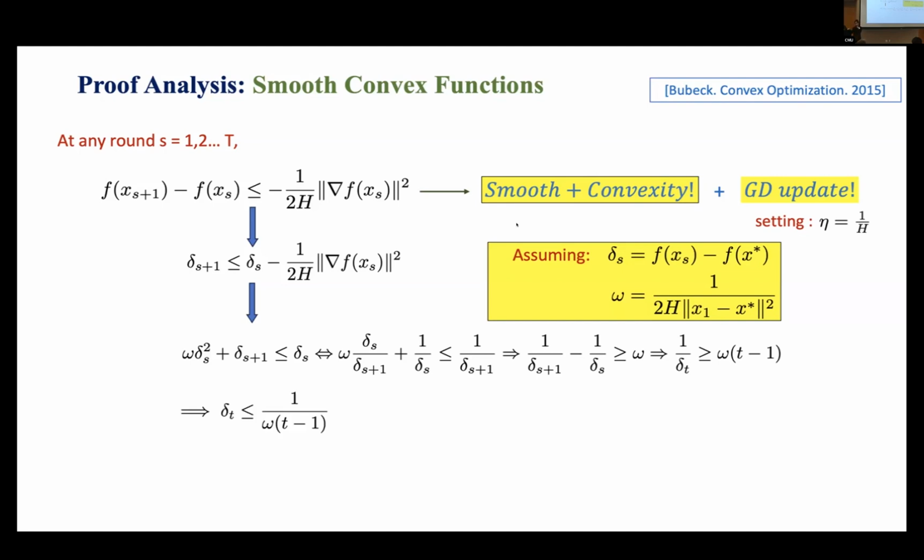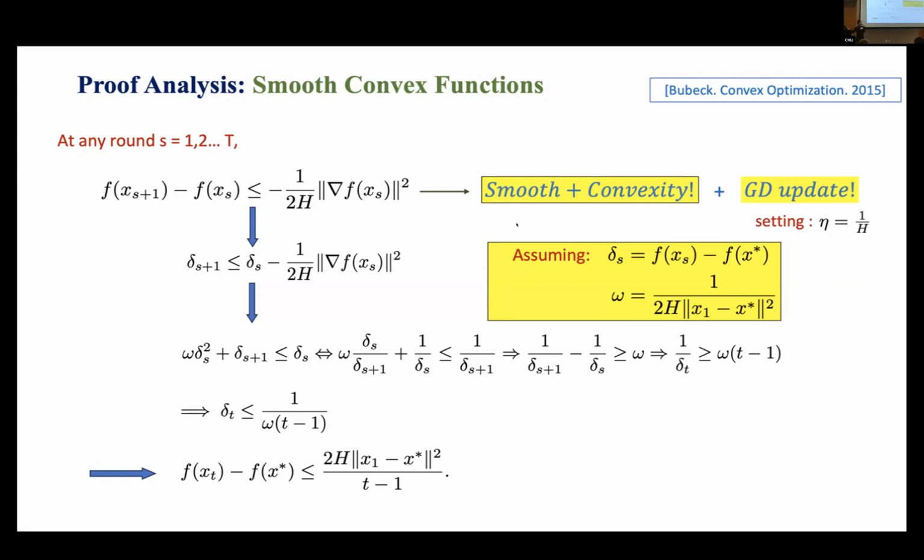I do some algebra, and this algebra actually telescopes somewhere. But this telescoping is happening in terms of the function value, not in terms of x, because delta is defined in terms of the functions. So if the function is fixed, definitely you can do this and you can get this 1 by t kind of convergence rate.